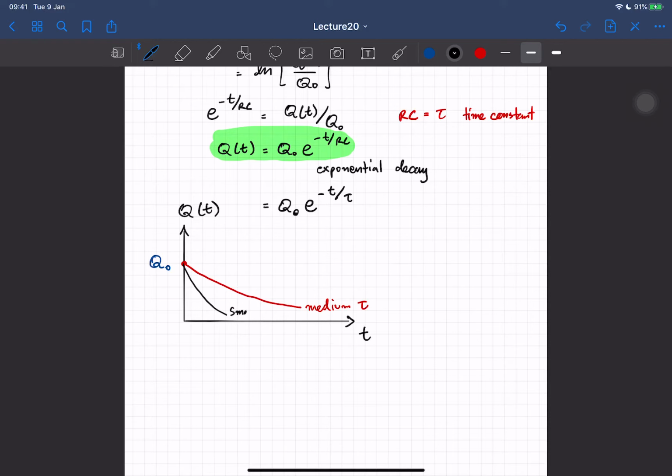This is small tau. And if you have a large value of tau, then it's going to decay very slowly, something like this. This is large tau. So it's telling you how fast this decay is going on.